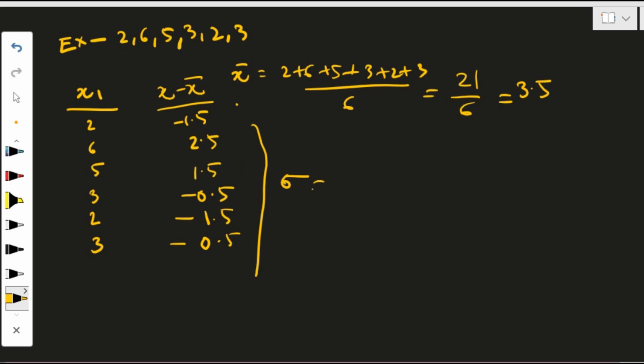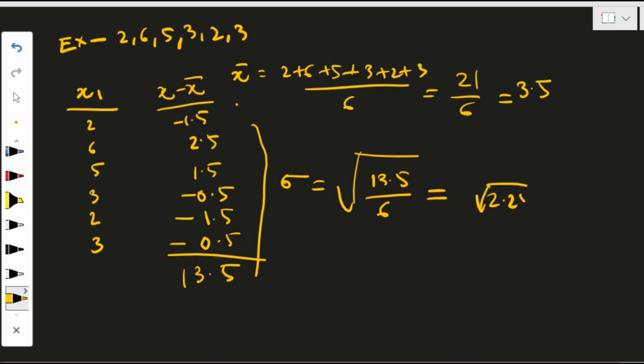Now the deviation will be, if you take the summation, this will become 13.5. The negative values go off. So 13.5, and the number of data points we have is 6. So for the sample, we divide by 6 and get 2.25. This is our standard deviation.